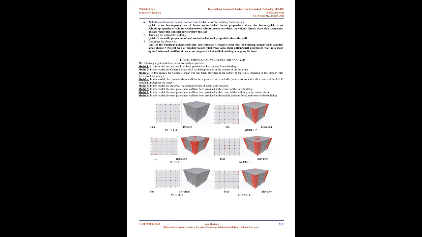2. Methodology. Design data of building. Dimension. Plan dimension: 25 m * 25 m. Number of bays in X direction: 5 bays. Number of bays in Y direction: 5 bays. Number of stories: G+10.